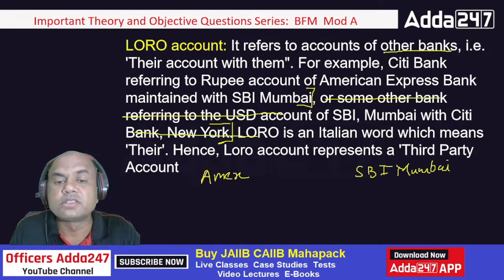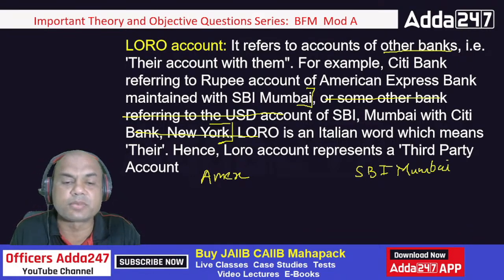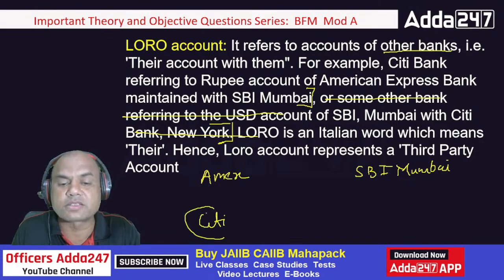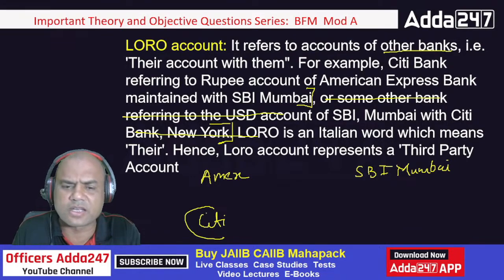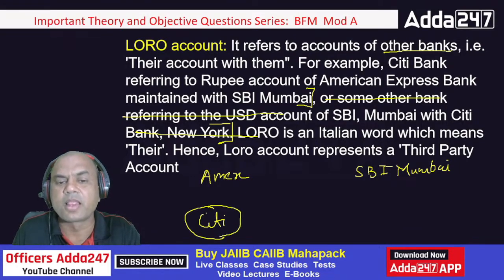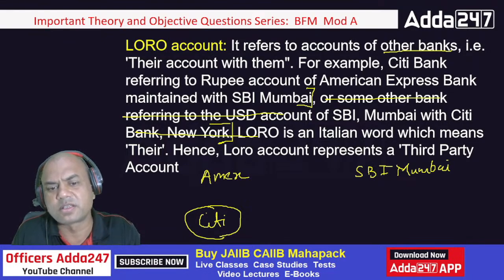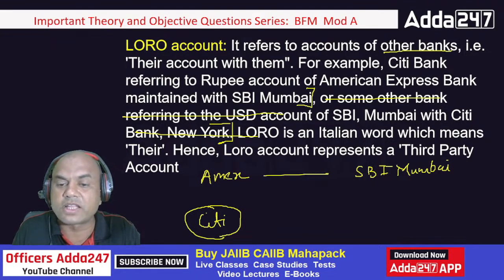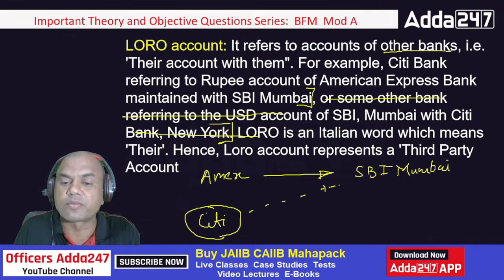Now suppose Citibank is telling someone, maybe a client of theirs, or Citibank India, anyone. Citibank says kindly credit the American Express Bank account with SBI Mumbai. So Citibank is referring to this account.